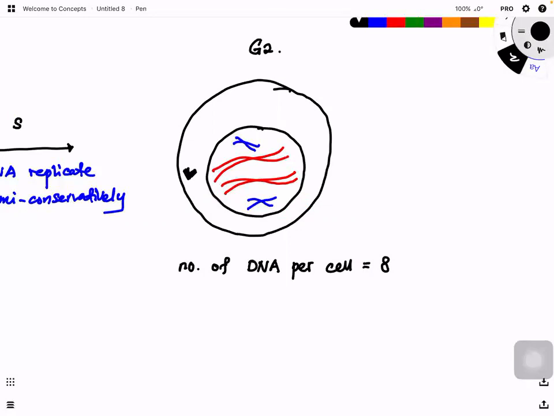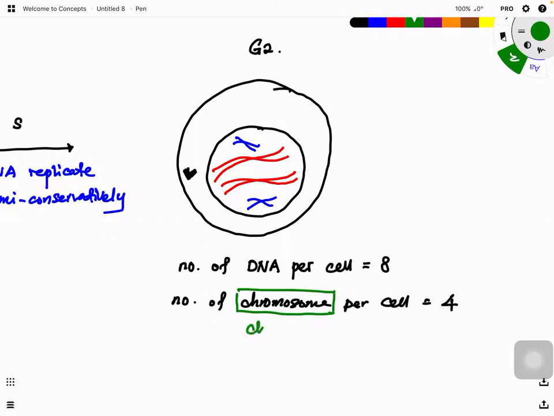Clear? Okay. But if I ask you the number of chromosomes per cell, the answer is still 4, because they join together. Are you clear? It's still 4. But again, as I say, the word chromosome here is not really correct to describe; actually, we refer to chromatin.